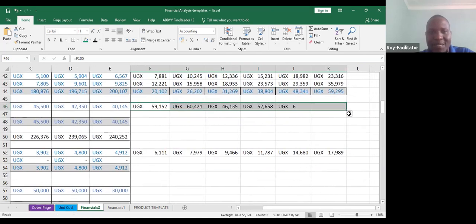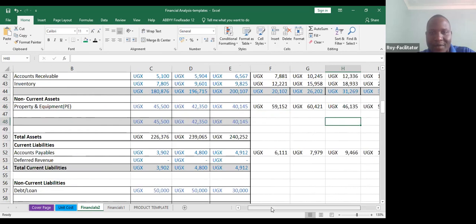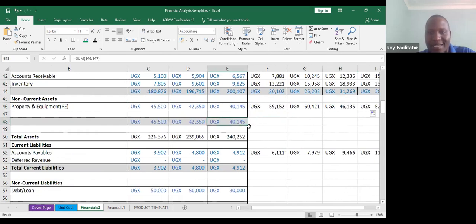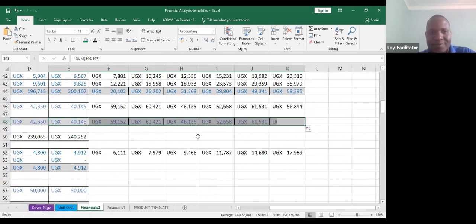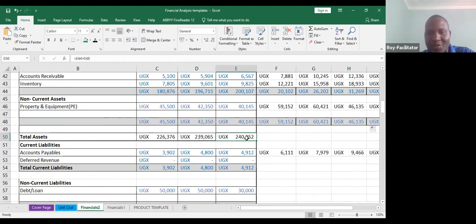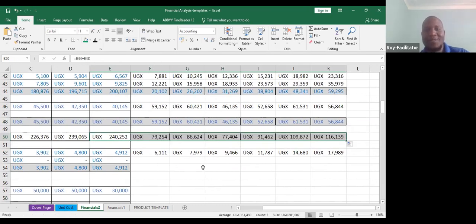So I have the property and equipment clearly indicated there. Then this formula, I'll just extend it. Now I can even compute the total assets here. Clearly put. Now it's very clear.